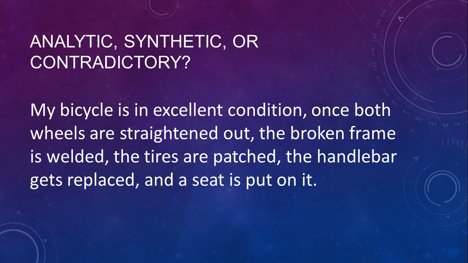Could it be synthetic, based on what you say excellent condition is? My bike is in excellent condition to fix? Okay, yeah. If all of the other bikes in the world are in much worse shape than this, suppose we're in a post-apocalypse where this bike barely works, but it does work, then that makes it excellent. So excellent itself is a relative term, generally speaking, so it depends on your contrast class.